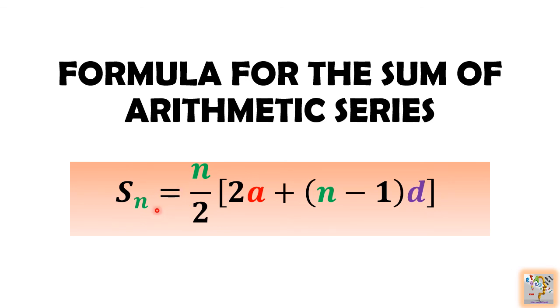If you know n and a, you can calculate d. If you know d and a, you can calculate the number of terms, which is n. And remember, the sum of a number of terms will always work when we are dealing with a series, because a series means you are adding a number of terms of a sequence.